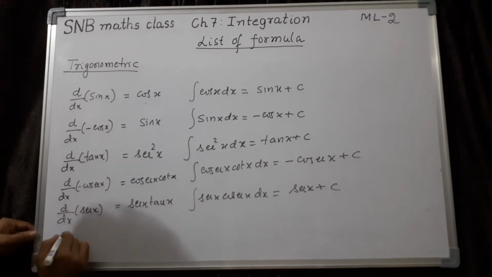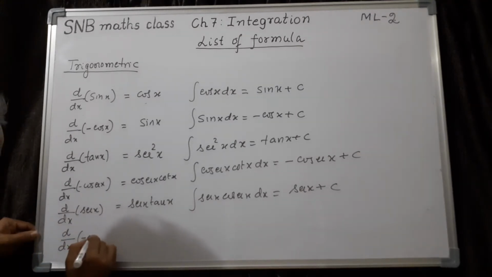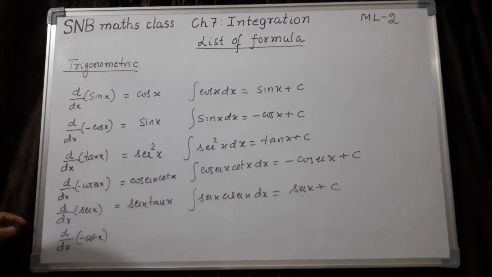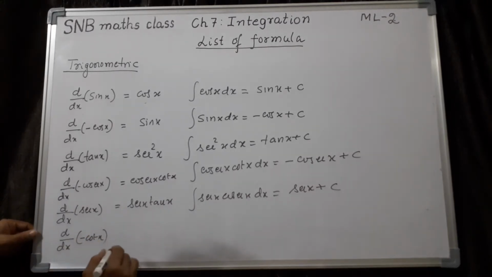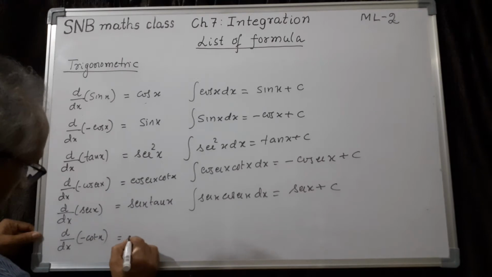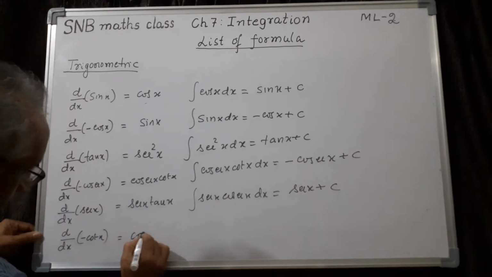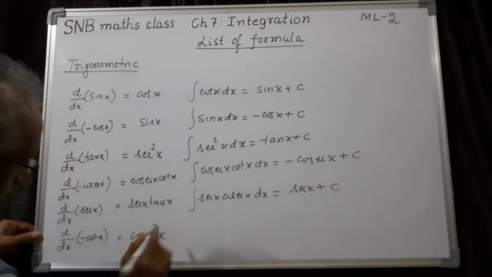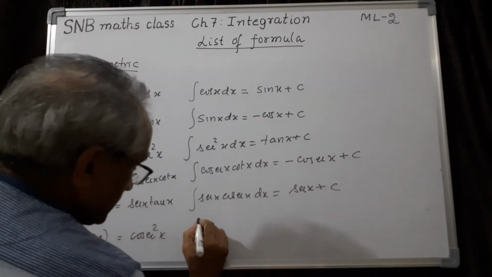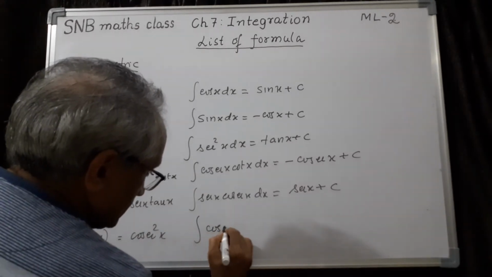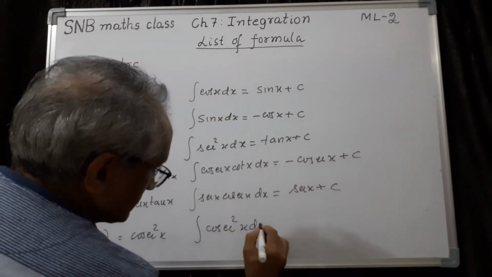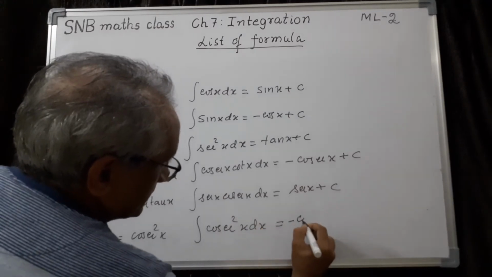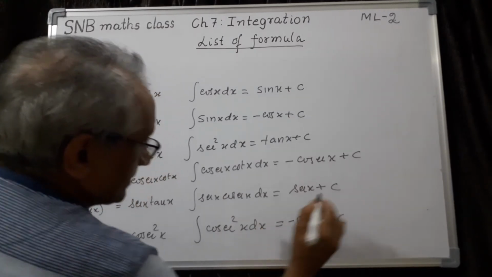Same way, last one, d by dx of minus cot x is cosecant square x. So the integration of cosecant square x dx will be minus cot x plus c.